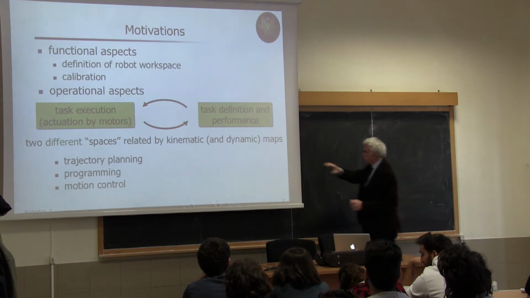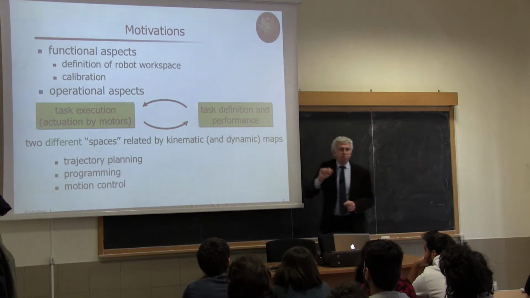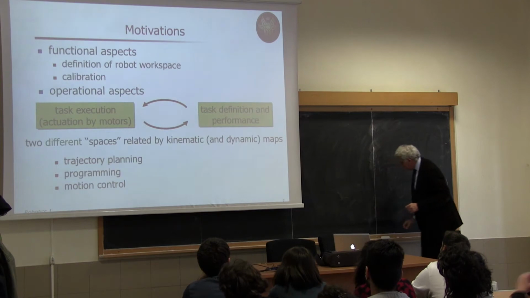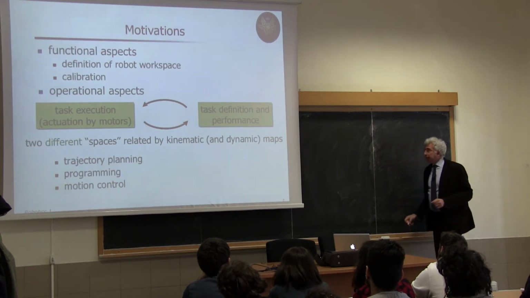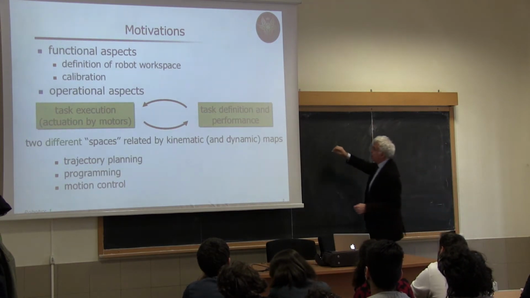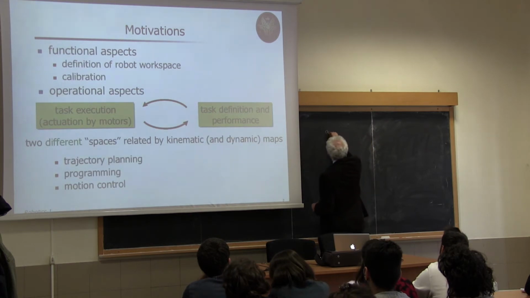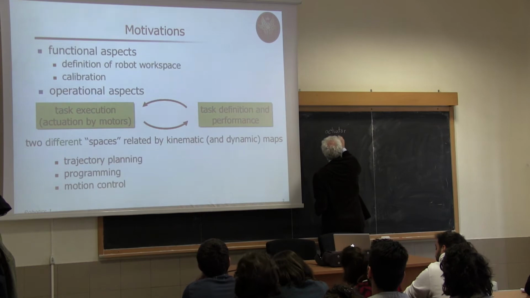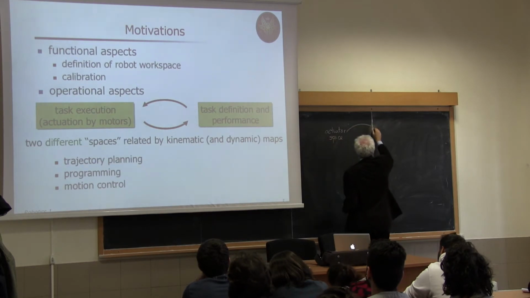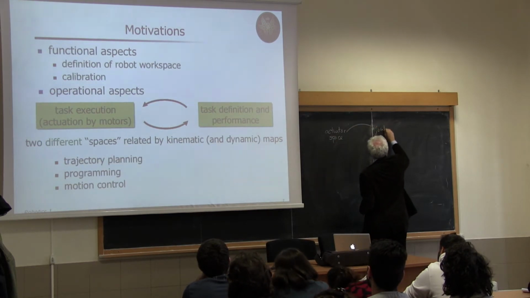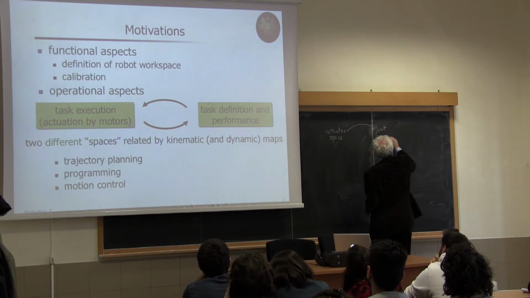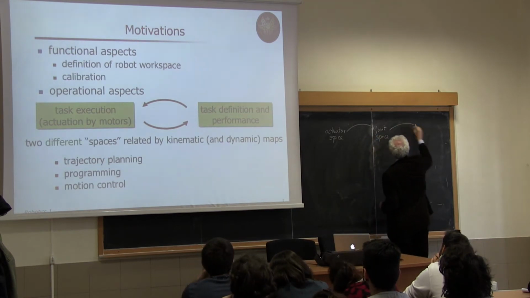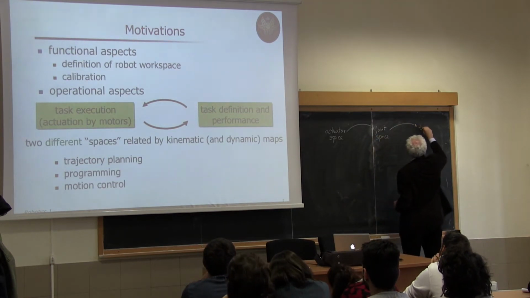Actually, this is a simplification, because in principle you could have also a third space, so I'm just expanding this. You may have an actuator space. This will go into a joint space, and this will go into a task or Cartesian space.